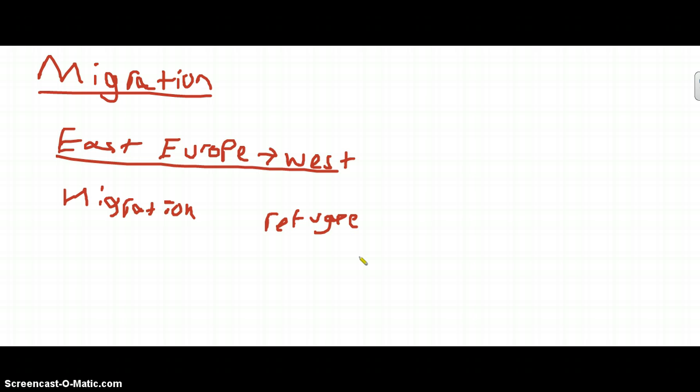And internal versus international, it can be both, but it's more international because they also fled to other areas, not just Western Europe. But in a specific example, it would be more of an internal thing.